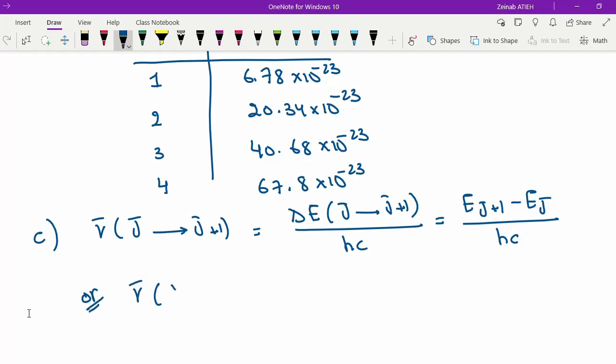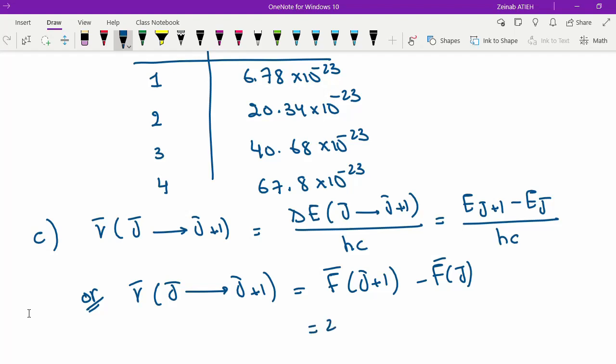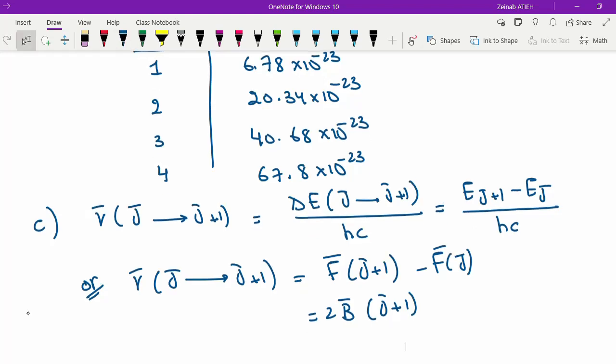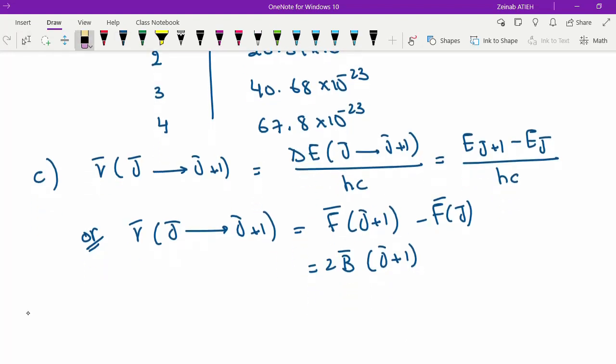U bar for a transition from J to J plus 1 is equal to the spectral term F bar of J plus 1 minus F of J, as we have seen in the course. This is equal to 2 B bar (J plus 1). You can calculate B bar aside, you have everything. I'm going to substitute B bar here, so it's 2h over 8 pi squared c I, multiplied by J plus 1.